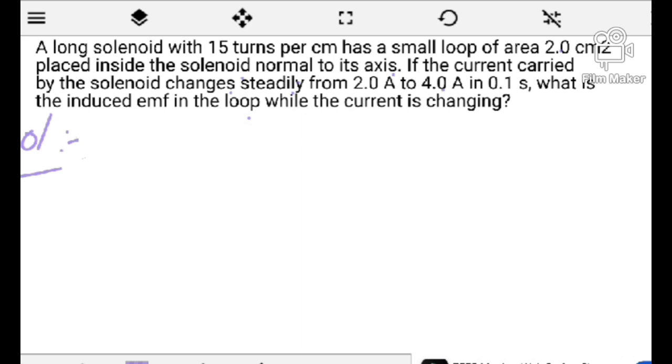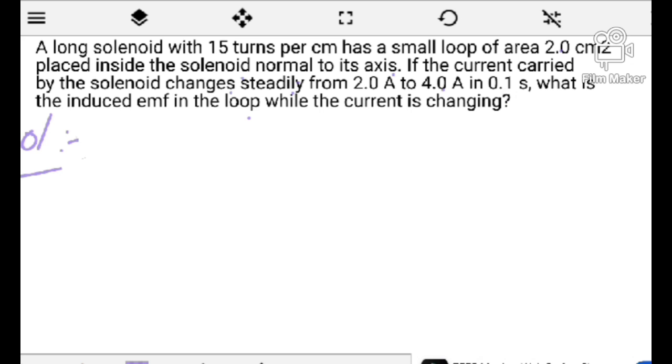First, we need to understand that there is a solenoid with some given dimensions, that is 15 turns per centimeter, and the current changes from 2 amperes to 4 amperes in a time of 0.1 second.